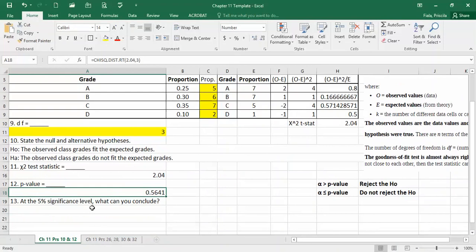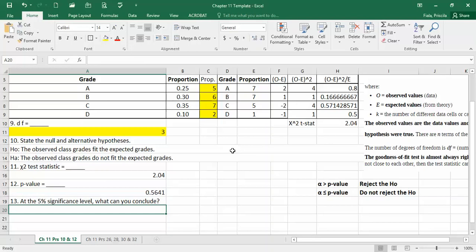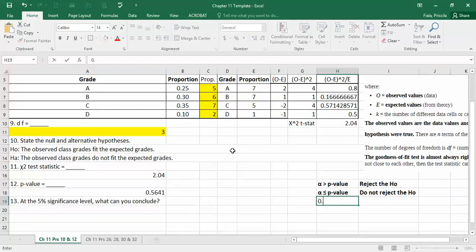I'm just going to show you, okay? Since we're not doing the other types of chi-square. So at 5%, we're going to follow the same process that we did before with hypothesis testing so many times. What is your alpha value? It's 0.05, right? So your p-value is 0.56.